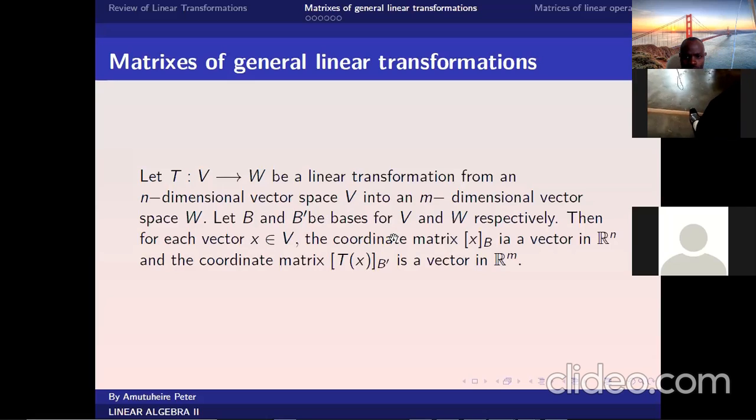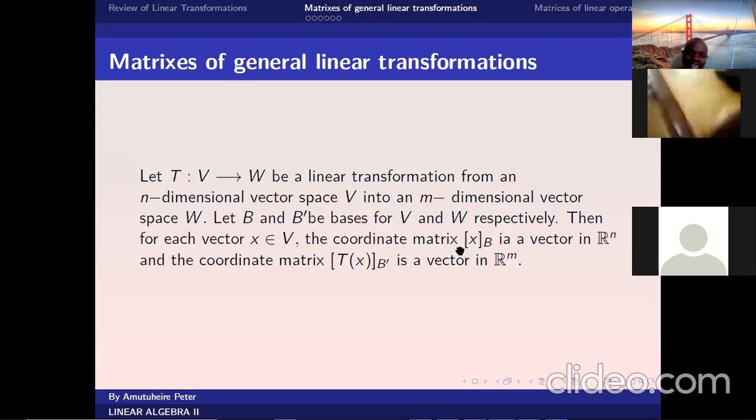For V and W respectively, then for each vector x in V, the coordinate matrix [x]_B is a vector in Rn. What we are saying is that if this is x, then x should be n-dimensional. It should be an n-tuple, in other words, and if we can form this matrix, then it is a vector in Rn.